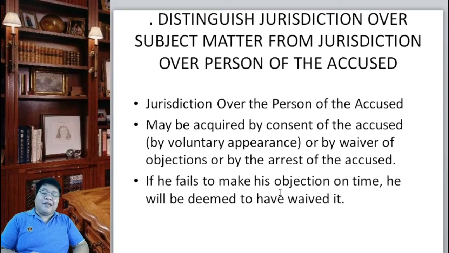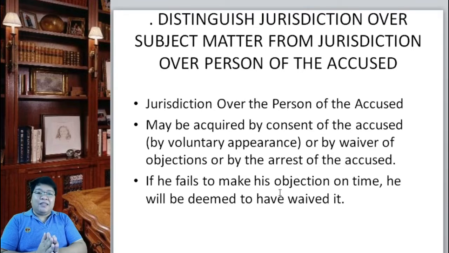Usually, guys, in criminal procedure, very important when it comes to arraignment. It is the time over which you have to make an objection over the method or how the arrest was made. What do you do? You file a motion to quash.